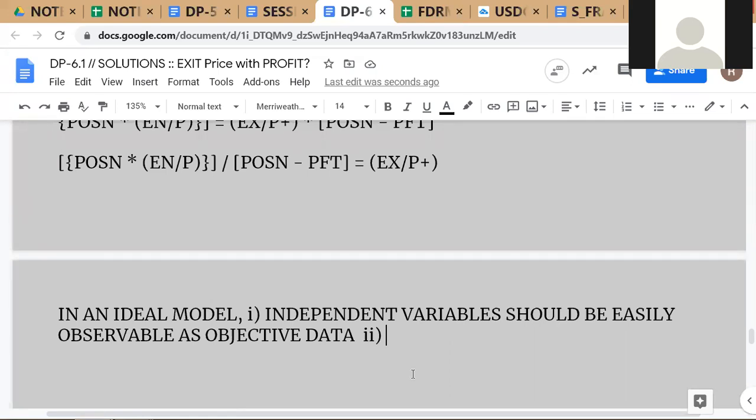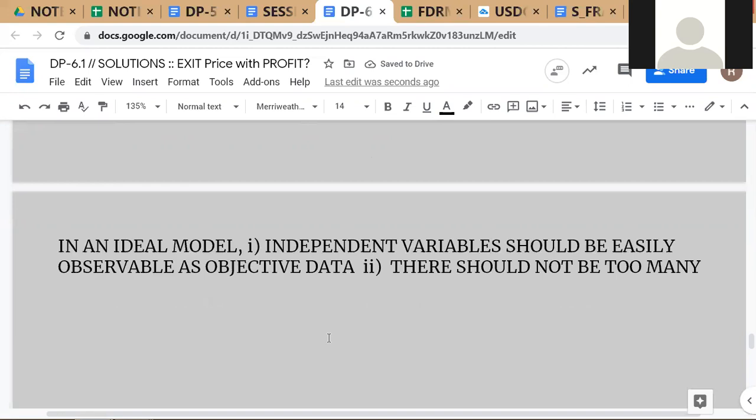An ideal model, let's say independent variables should not be... because you may actually have to use this information already before we get to discussing models. There should not be too many independent variables. We'll put a bracket here.